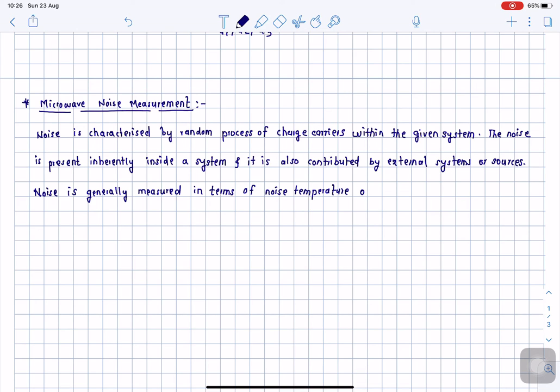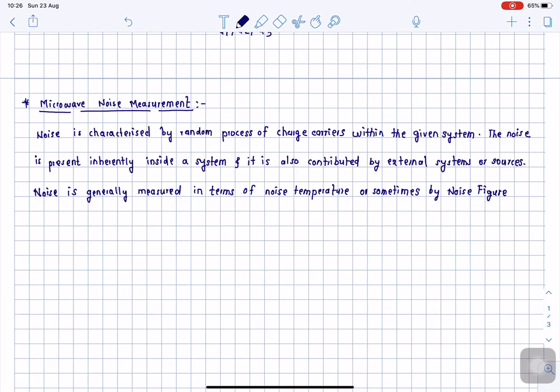Or sometimes the noise is quantified by noise figure, right? So a unit in order to calculate the noise is the noise temperature, or sometimes we make use of the measurement of noise figure in order to quantify the amount of noise present in the circuit, right?